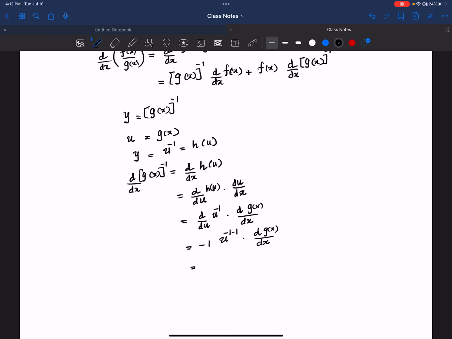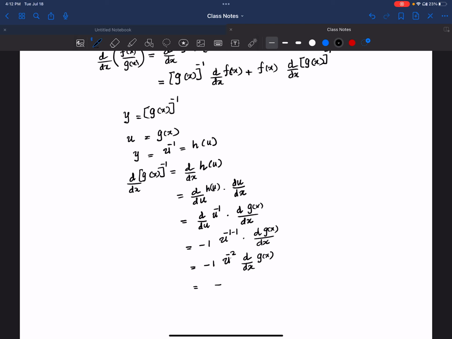So you get negative u to the power negative 2 times d over dx g of x. I can substitute u equals g of x, so u to the power negative 2 is g to the power negative 2.